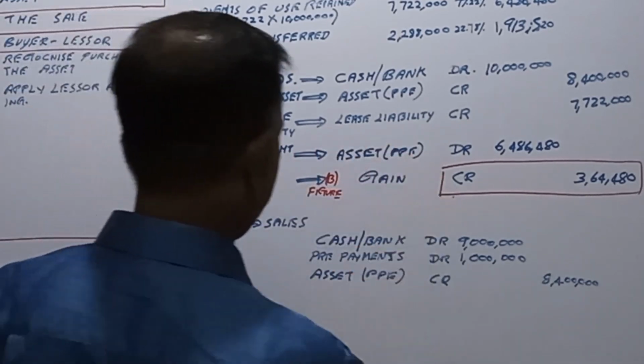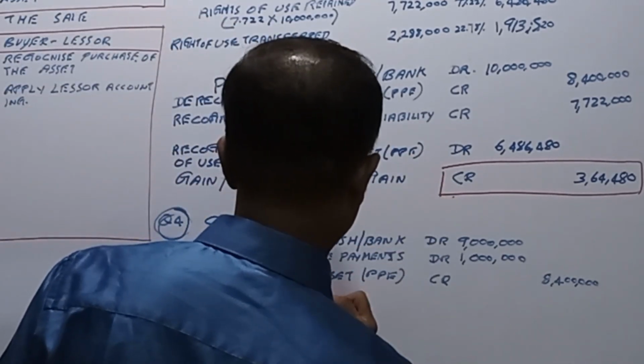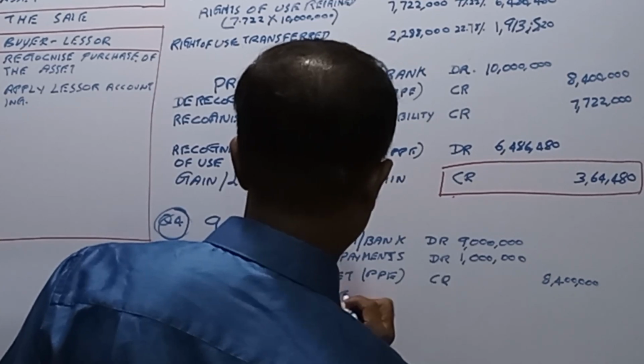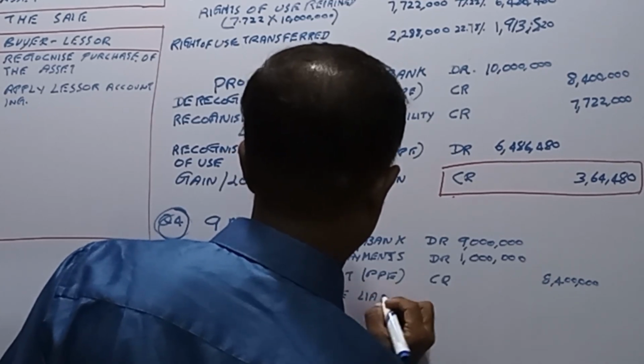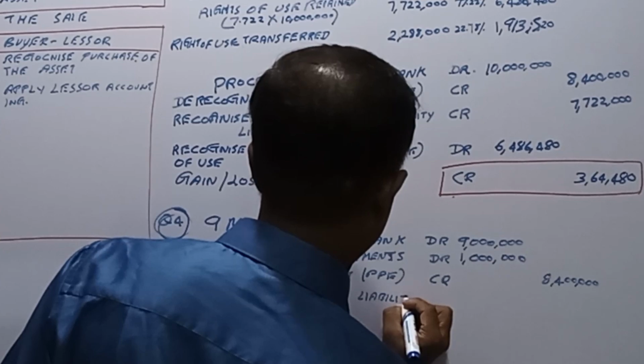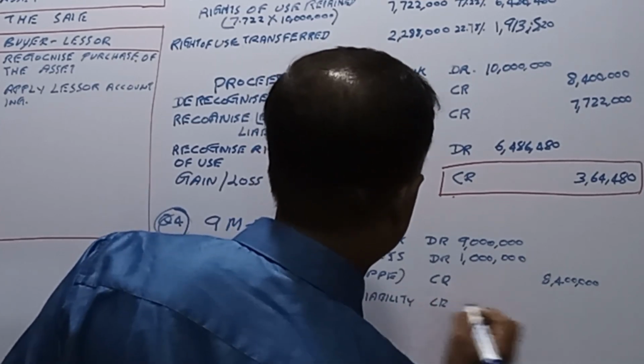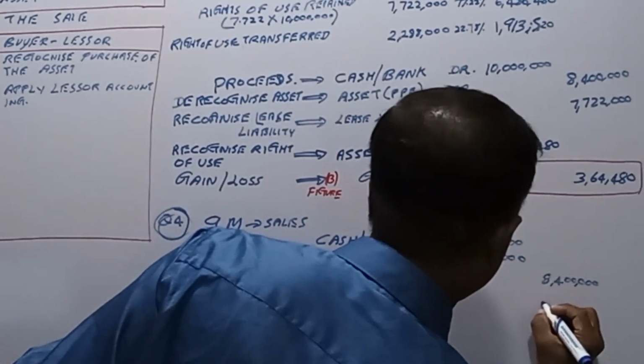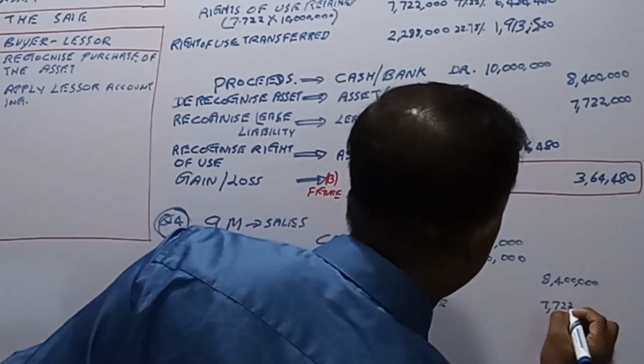Then lease liability credited 7,722,000.